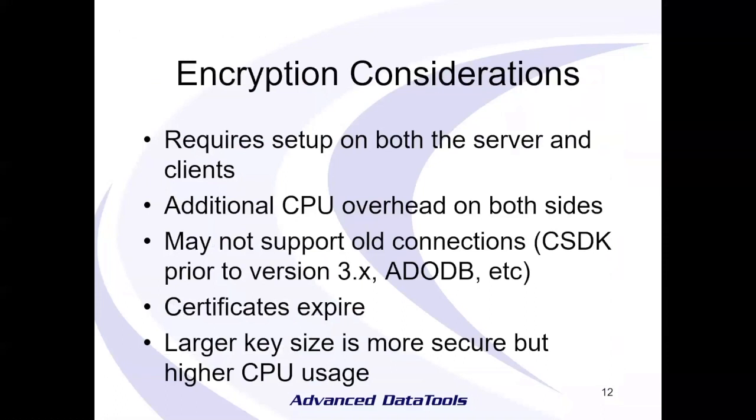So other considerations when you're planning this out, you're going to have additional CPU overhead on both sides of the connection. This can be a problem if you're dealing with older hardware. I recently benchmarked this for a client. They had 2 sets of hardware, one of which was about 6-year-old HPUX Titanium boxes. When I did the benchmarking, it added about 35 to 40% overhead.